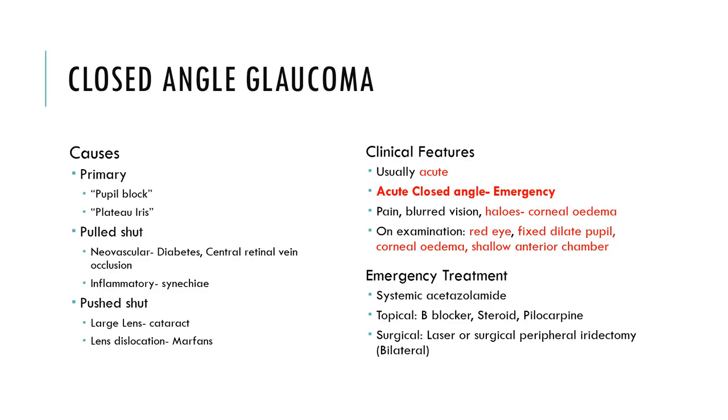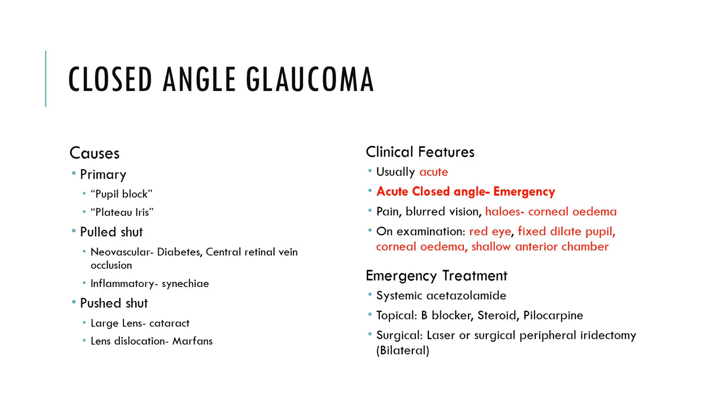Furthermore, on examination, there's usually a unilateral red eye and a fixed dilated pupil. This is because the iris is usually impeded by something. There's corneal edema, which I mentioned earlier, and a shallow anterior chamber. And this may be because the aqueous humor is not allowed to go into the anterior chamber.